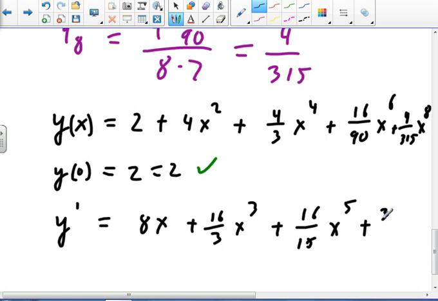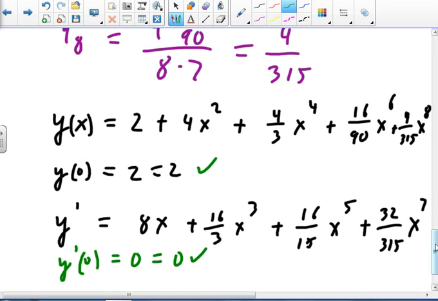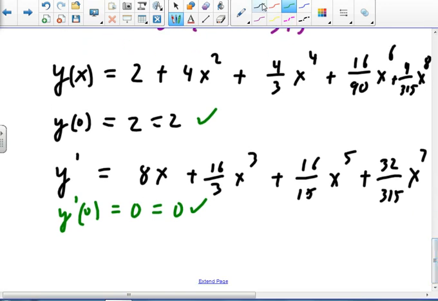Well, that was good. I could have done that in my head. I'm going to check my initial condition. y prime at 0 is supposed to be 0. It is 0. Check. So my initial conditions work.